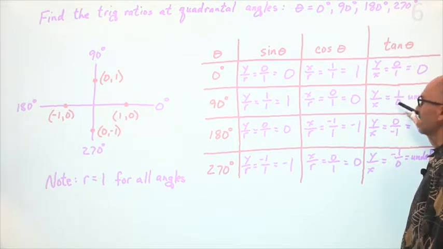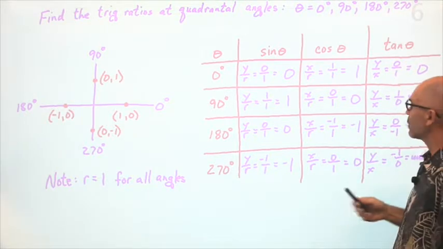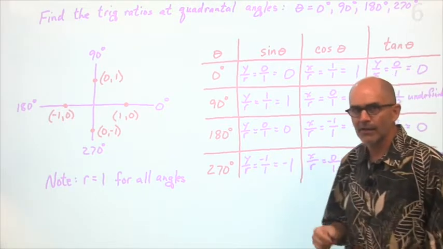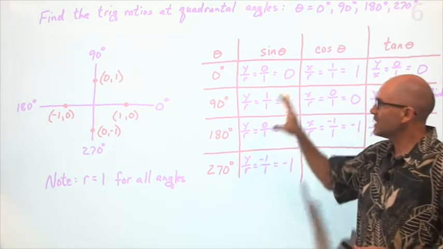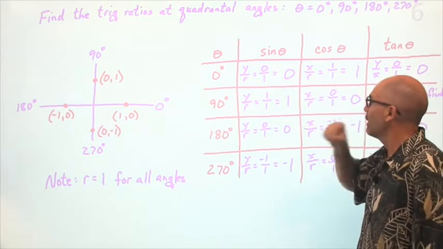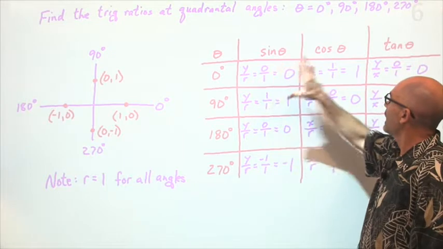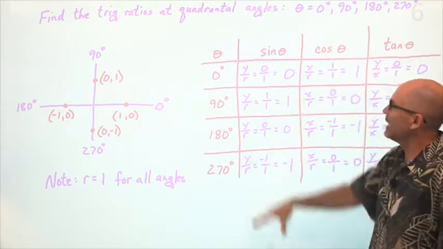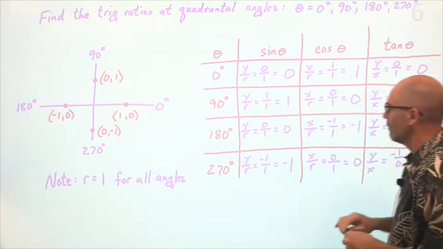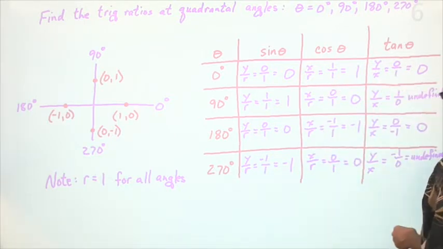Left or right is 0, so anytime you're going left or right none, then your tangent is going to be undefined. So if you just see the unit circle in your mind, you should be able to do sine, cosine, tangent for any one of those angles. Okay, cruising onward.